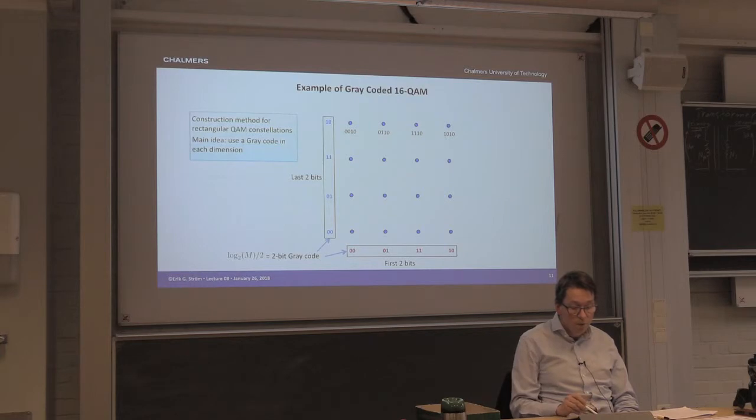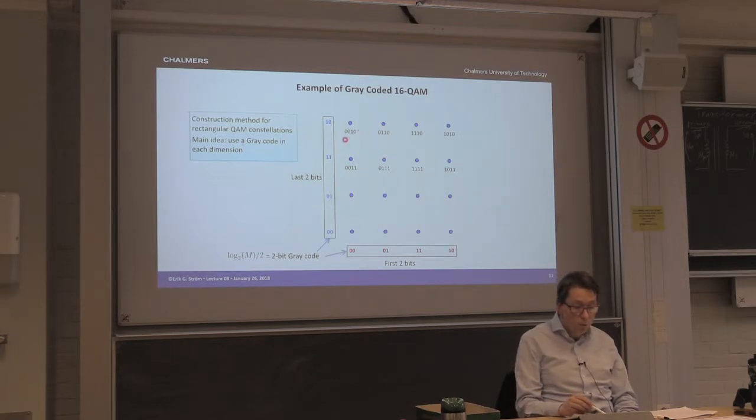And the first 2 bits follow this gray code. And then it's clear, since this is a gray code, the red thing is a gray code, then the first 2 bits are changing according to gray code. So they will only differ in 1 bit. Right? And then if we go down from here to here, the only thing that changes is along a gray code along this dimension, which means that we only differ in 1 bit between adjacent points in the vertical plane here.